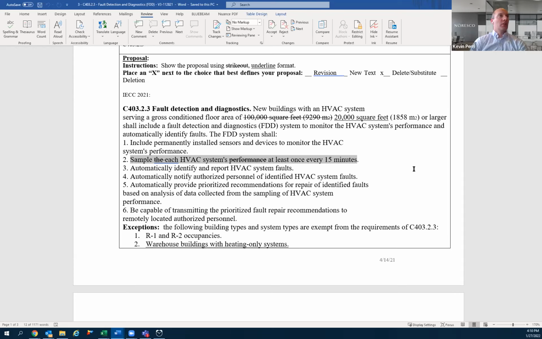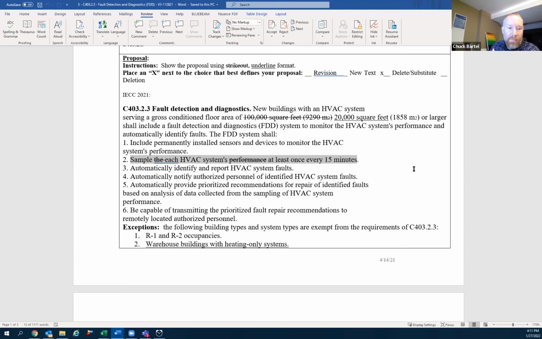Chuck, your hand is up next. Yeah, I was just going to agree with Elizabeth. This is a new section in the 2021, and I agree that fault detection is important, but even the base code is so broad that it's going to be very difficult for designers, because the granularity that you can possibly have with sensors and fault detection, you can go very minute through testing vibrations, etc. And this is very broad, where section C403.5.5 for economizers is very specific and lays it out for the designer.